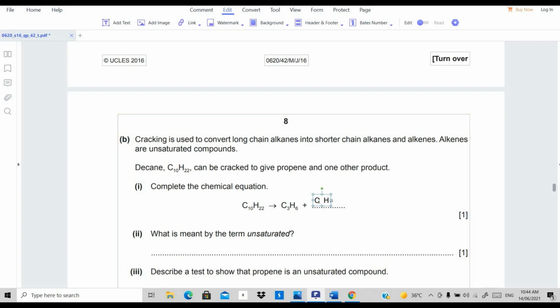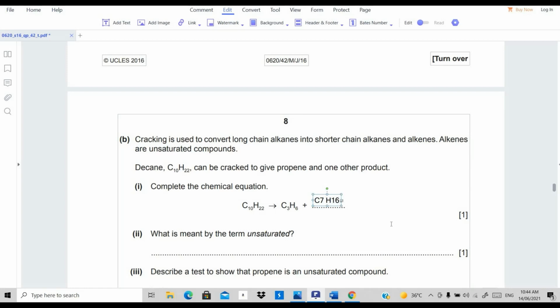This will be 10 minus 3. So the leftover carbon atoms are 7. Likewise for H, we need to find the difference between the reactant hydrogen atoms and the product hydrogen atoms. 22 minus 6 is 16. So the answer will be C7H16.